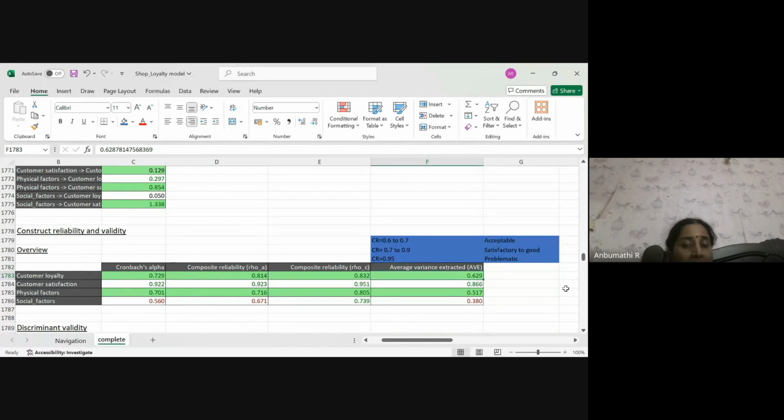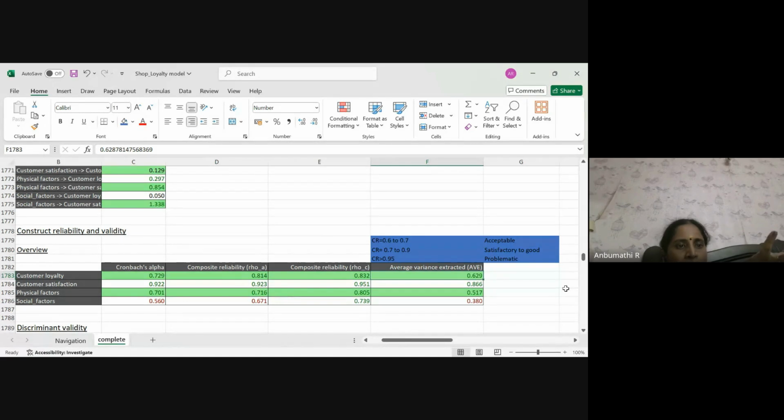This is what convergent validity is. I told you already, convergent validity is how the indicators together converge and form a variable. So this 0.629 for customer loyalty means 62.9% of that latent variable is explained by the indicators we have chosen.